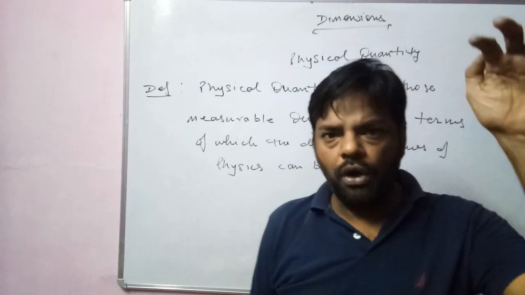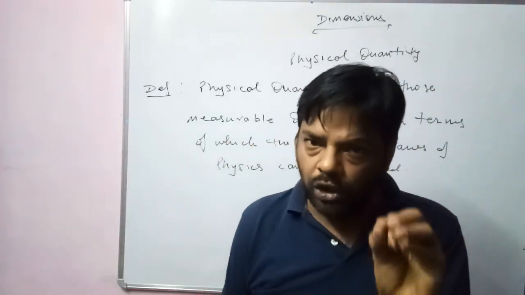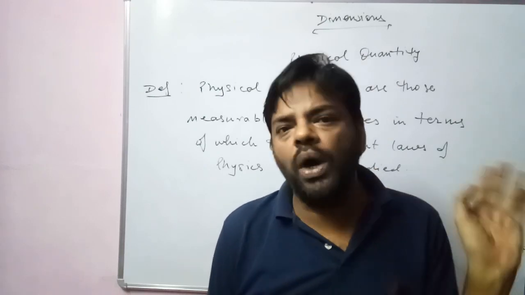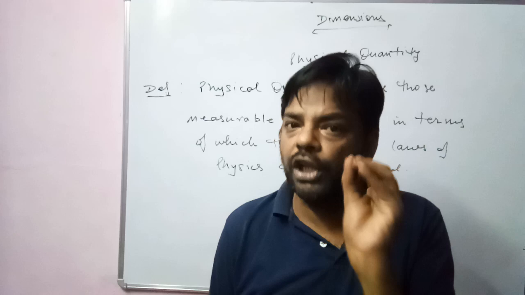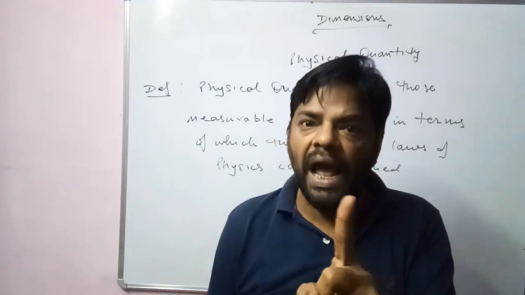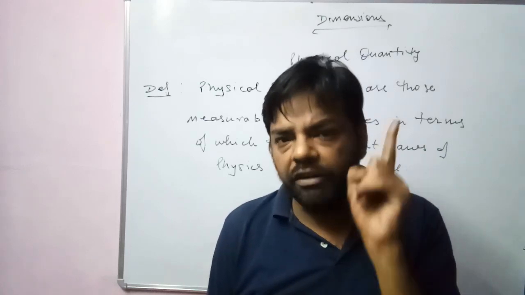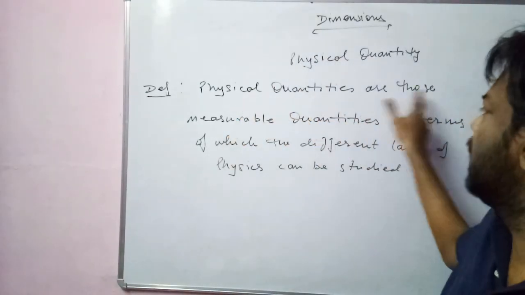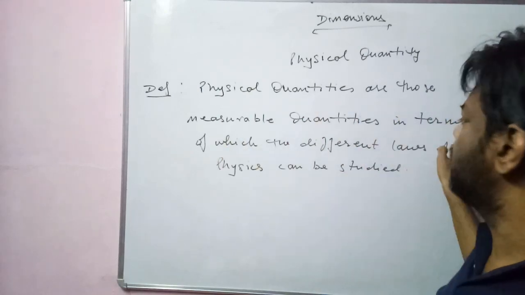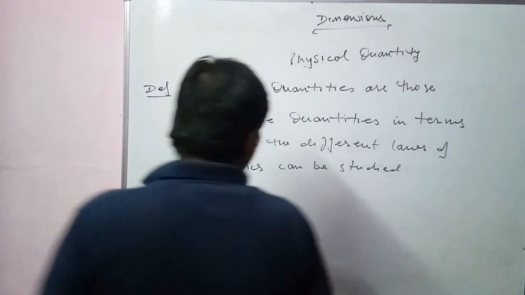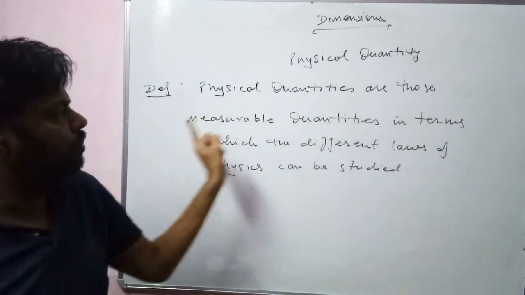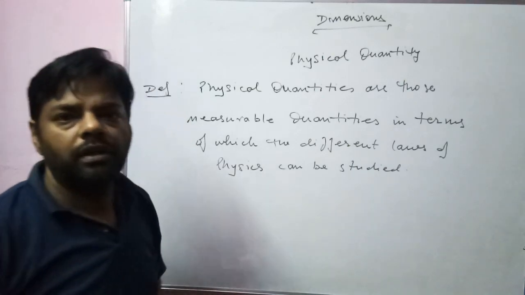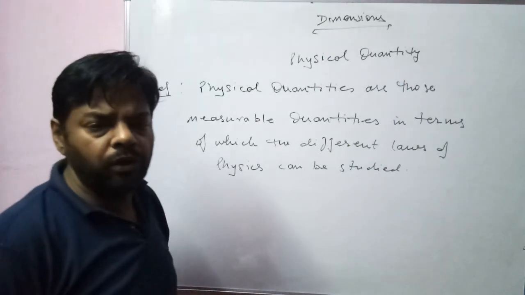Whichever quantity may be required to define a law mathematically, that quantity is a physical quantity. As per the definition written on the board, physical quantities are those measurable quantities in terms of which the different laws of physics can be studied. Have you noted it down?